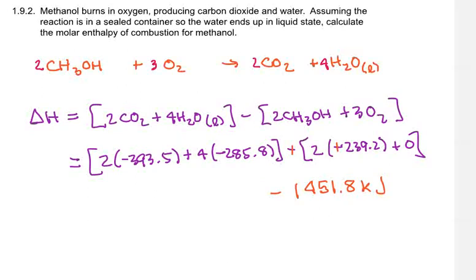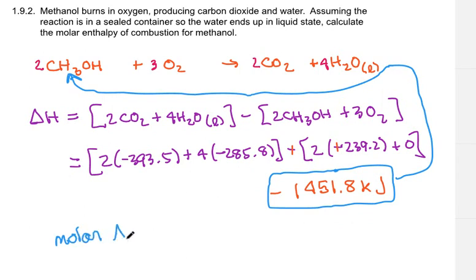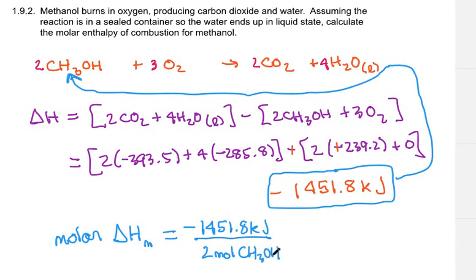To get that last little step, to make this molar, we have to take this number, which is for this reaction, which means, this is important, it's for 2 moles of methanol. So our molar delta H, or what they sometimes call delta HM, would be minus 1,451.8 kilojoules for every 2 moles of methanol.